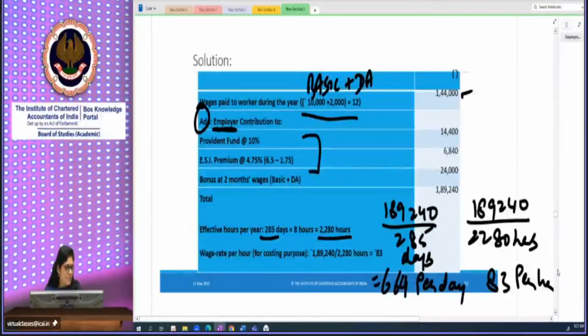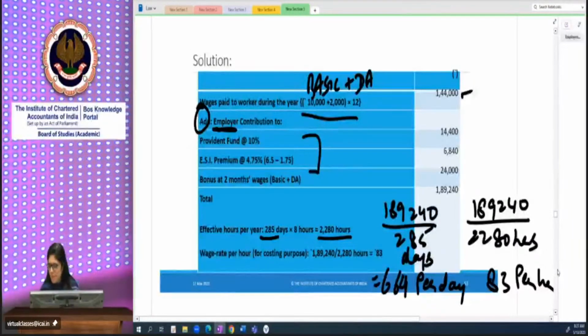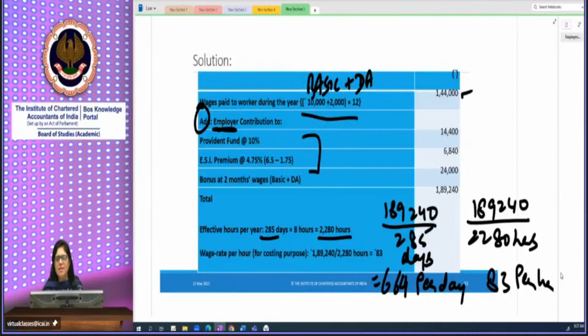Is this module sufficient to pass the exam? Just employee cost you will do to pass the CA exam of cost and management accounting? Students, one aspect is to clear the exam, of course, and the other aspect is to get the learning. It's not a graduation exam or any other academic qualification which you are just passing for the sake of getting a degree.